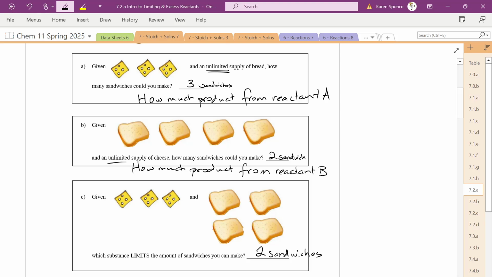You're going to be taking reactant A, finding the moles of A, and then finding the moles of product. You're going to be taking reactant B, finding the moles of B, and then finding the moles of product. Once you've got that, you can only make the smaller number of product. The smaller number of product is how much can actually be made.